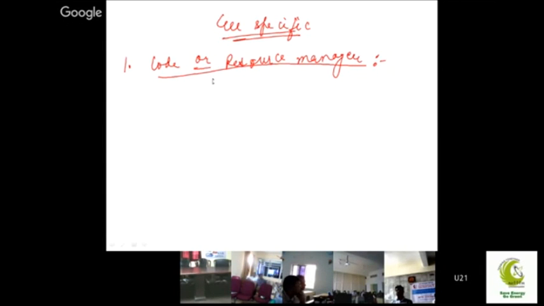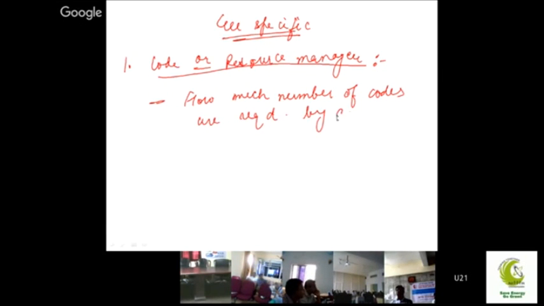What does a code or resource manager do? It sees how many codes are required by a Node B. That is, the main function is assignment of codes.